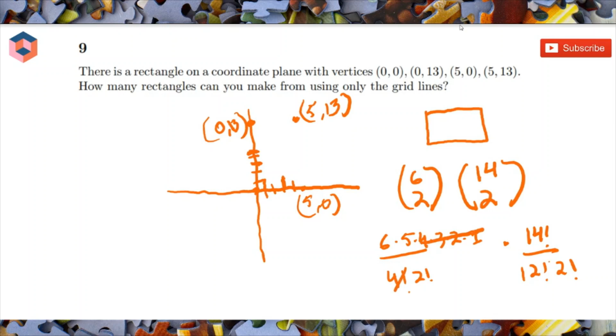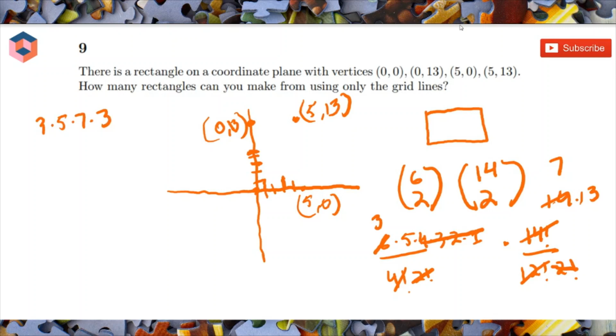And then 12 factorial cancels out right here, leaving us 14 times 13. And we're just going quickly through this, but you can always take an in-depth explanation at this. 2 factorial is just 2, so 2 cancels out with the 14, leaving us a 7 here. And the 2 factorial here cancels out with the 6, leaving us a 3. So we have 3 times 5 times 7 times 3.